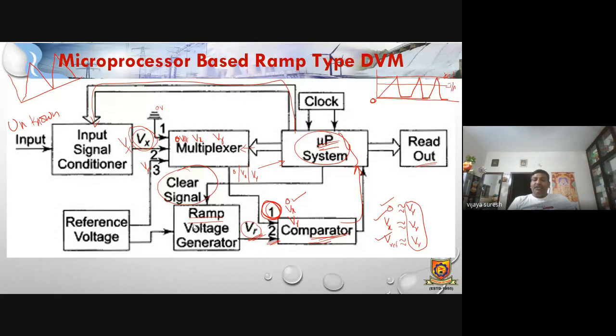Then again 0 is compared with 0, or with Vx, or with Vr, like that. Every time the microprocessor system gives a clear signal to the ramp voltage initially, so the 0 value is the input at the comparator. Now whenever the input is applied, Vx will appear.